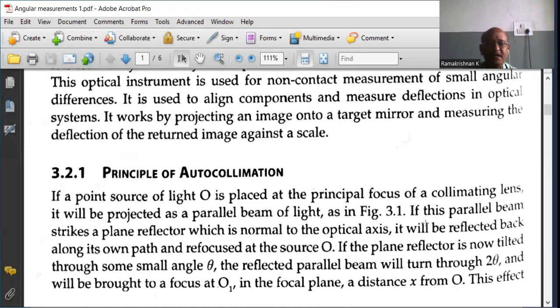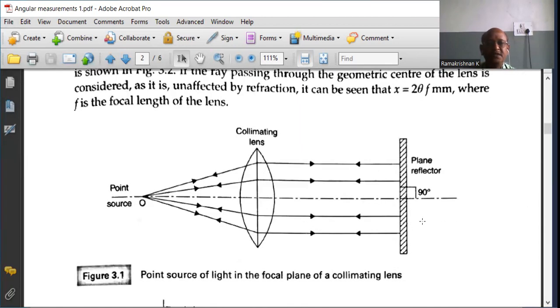Now let us know the principle of autocollimation. Look at the diagram. Here, one is the point source, that is the source of light. From the source, light comes to the collimating lens. As you know, the collimating lens is used here to make the light beams parallel.